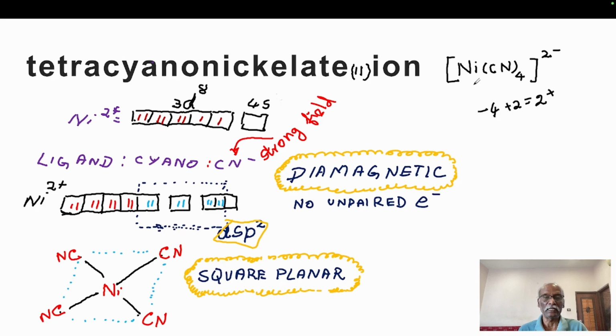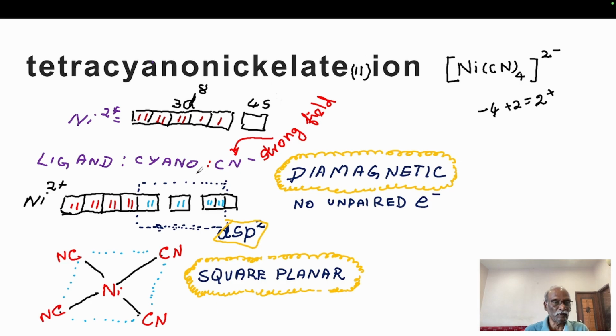We don't call it nickel. That's why, as per the IUPAC rule, this complex ion is named tetracyanonickelate 2 ion. 2 is the formal charge carried by the nickel atom.